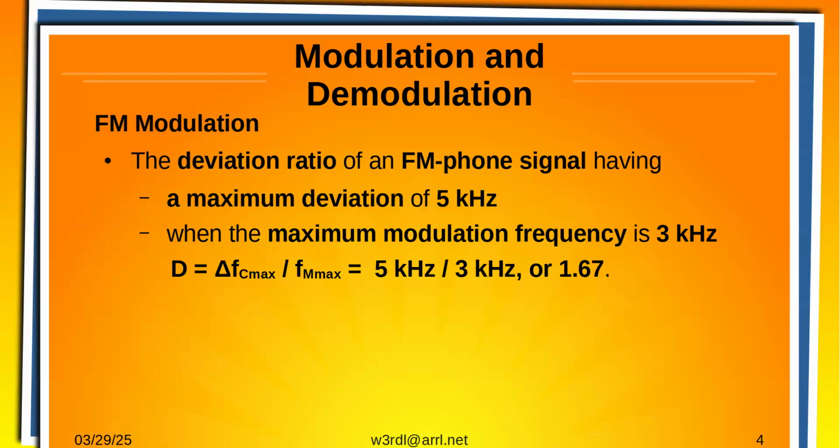What's C max? Your carrier max, and FM is the modulation frequency. So I think the basic way to remember this is the max divided by the max. And M max is what you said? Modulating max. So if you speak into the microphone and your voice goes up 3 kilohertz, the carrier is going to change by 5 kilohertz.